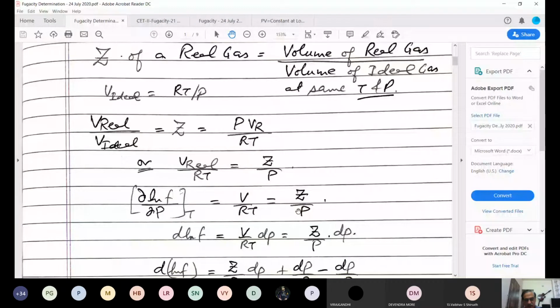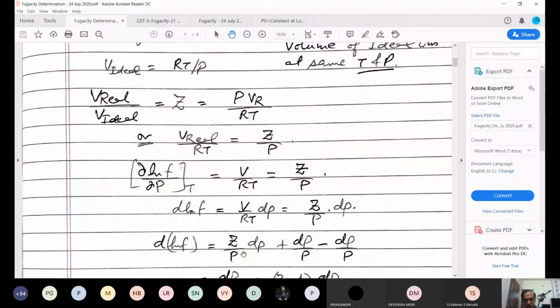So we can add dP by P minus dP by P because we want to get it in some form.